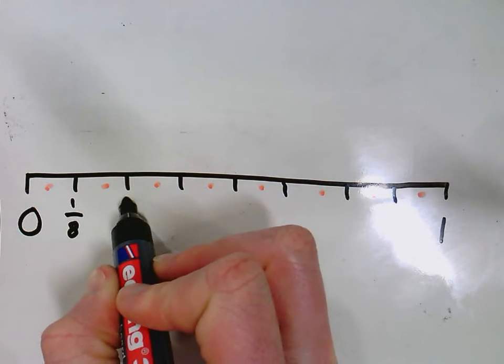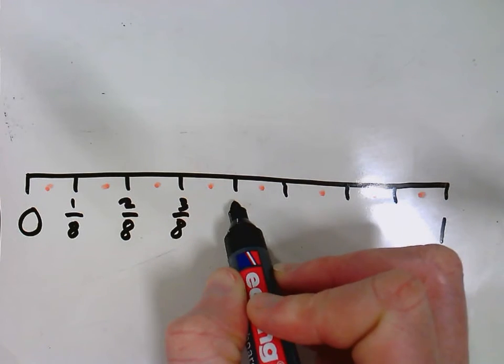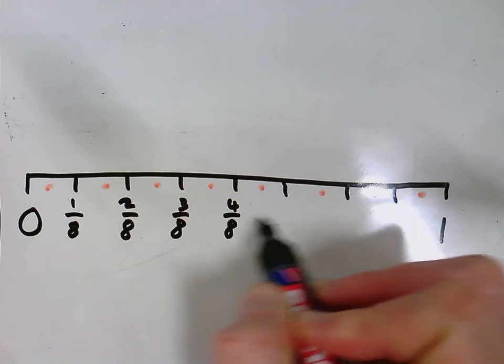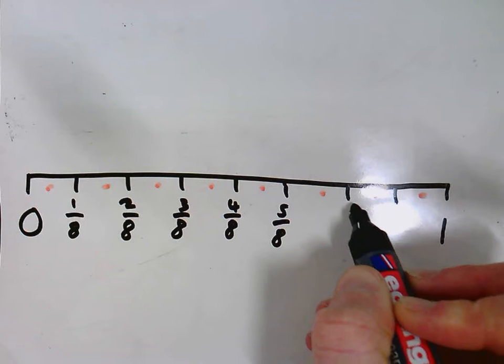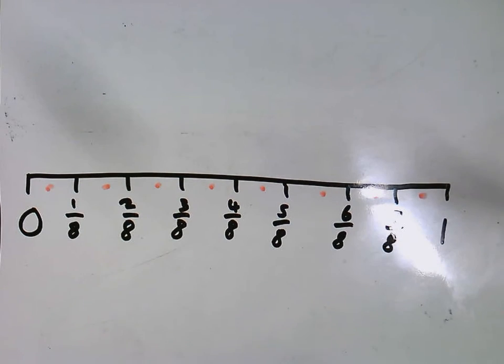So we've got 1/8, 2/8, 3/8, 4/8, 5/8, 6/8, 7/8, and 1. Some of you may now be thinking, oh, Mr. Miller, I've seen some equivalent fractions here.